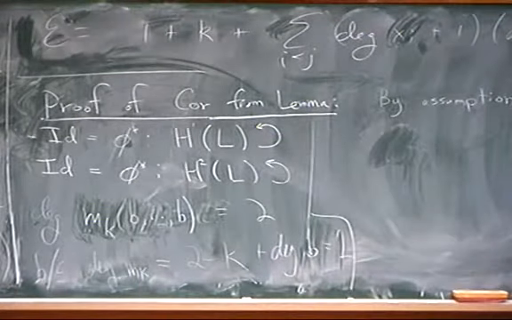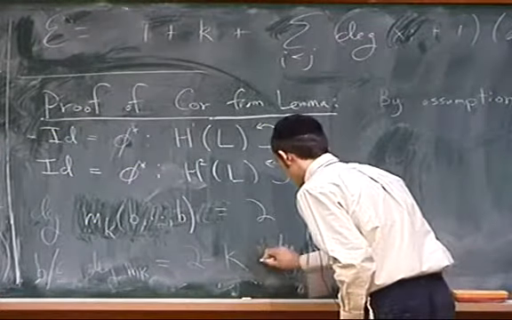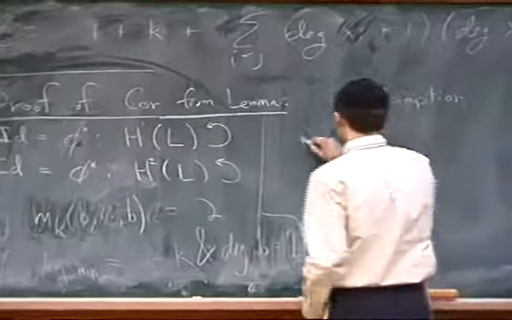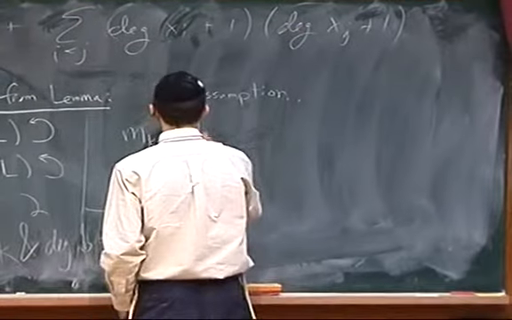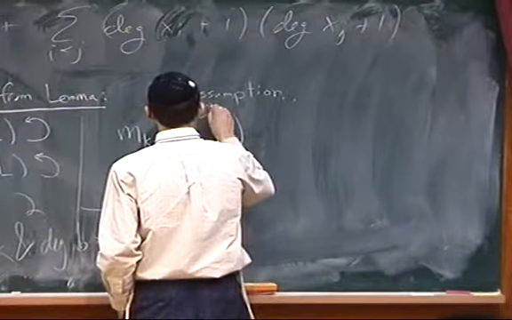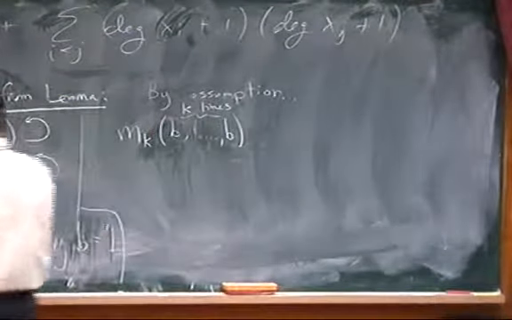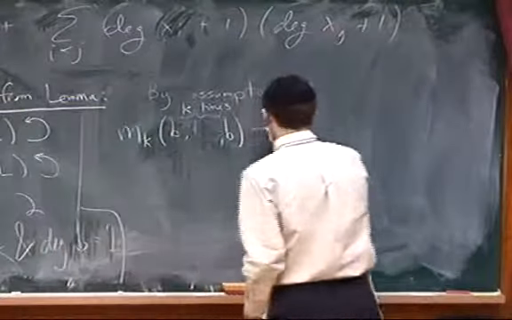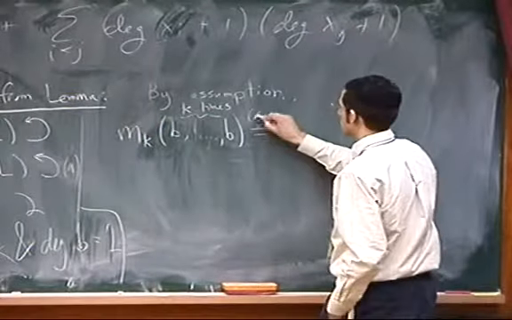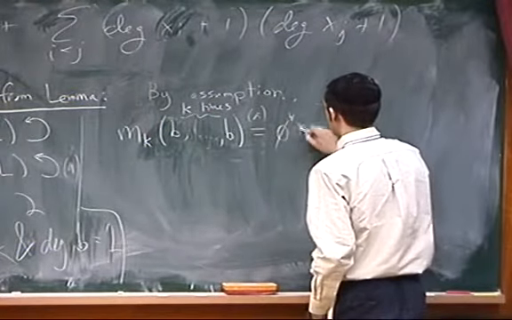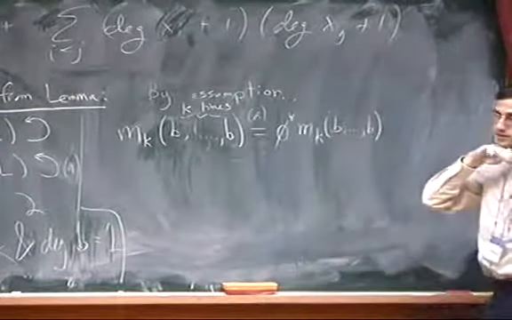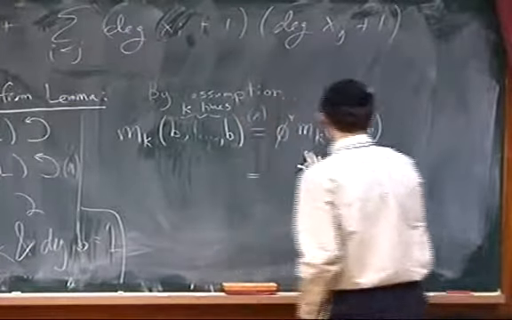And now it's just a formal calculation. We write mk of b, k times. By this observation, this is just equal to phi star of mk of b, because it's something of degree 2.